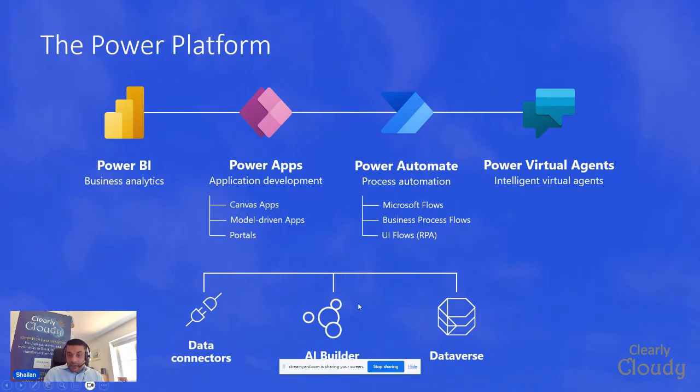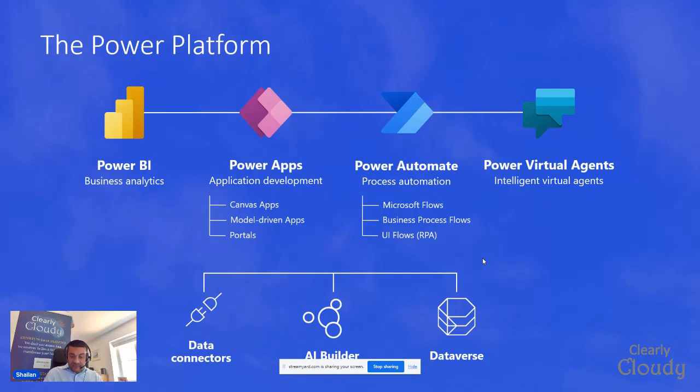AI Builder, in terms of AI, artificial intelligence, building something, so looking at something, scanning, detecting, so things like face detection, you can build something with AI Builder. And Dataverse, from a Microsoft perspective, they would see Dataverse as underpinning all of this, and they would propose to use Dataverse as a data repository, data storage.